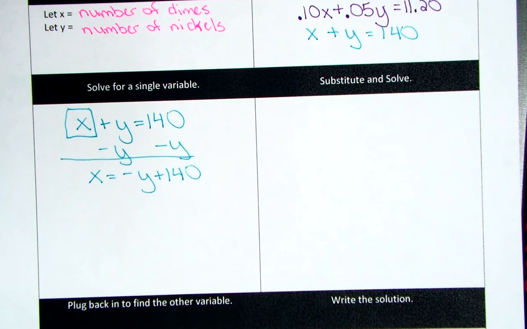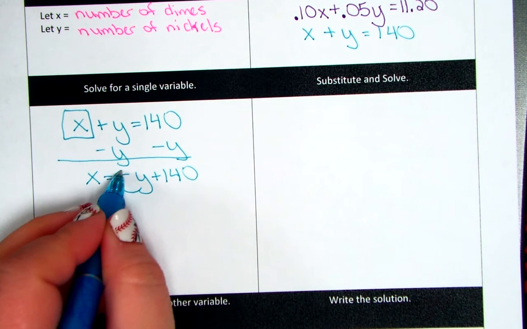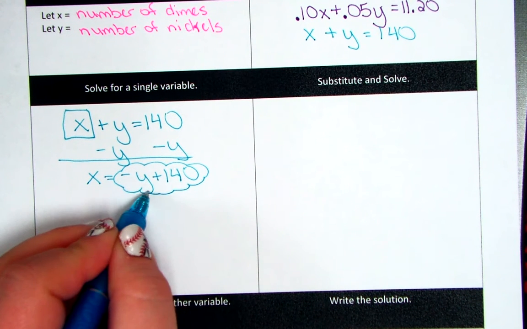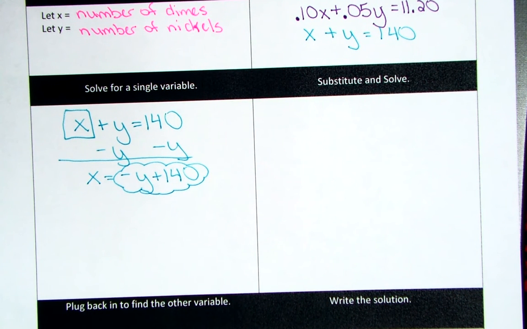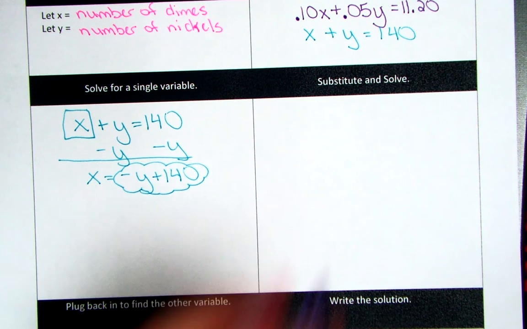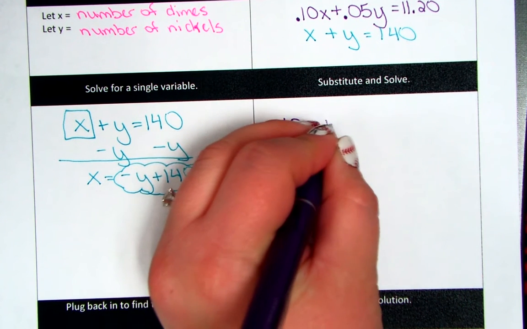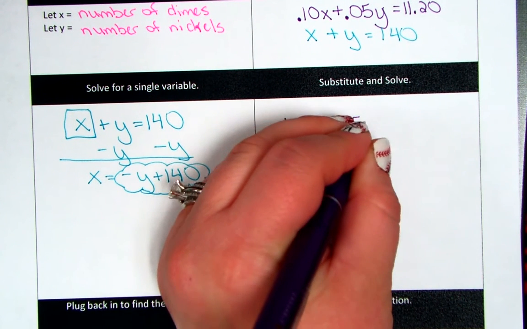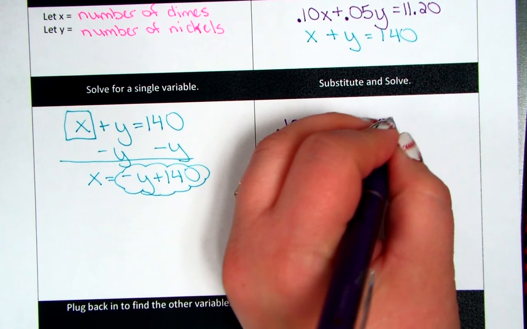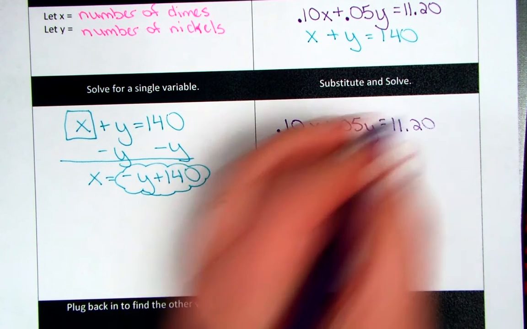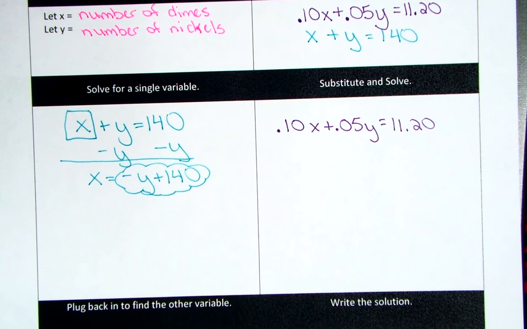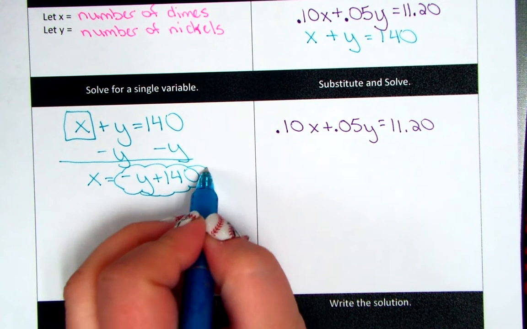So we will take that expression of negative Y plus 140 and we will plug it in to our purple equation, which is 0.10 x plus 0.05 y equals $11.20. We're going to take and plug this in for x.